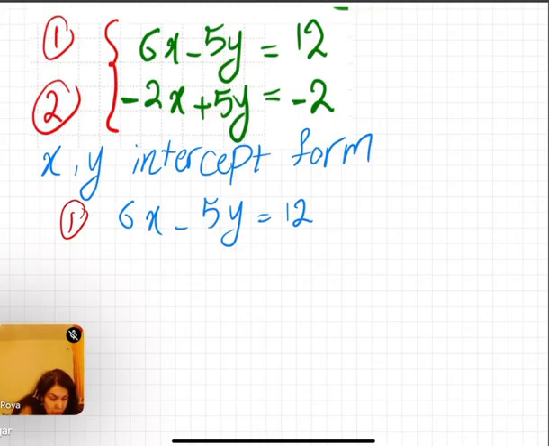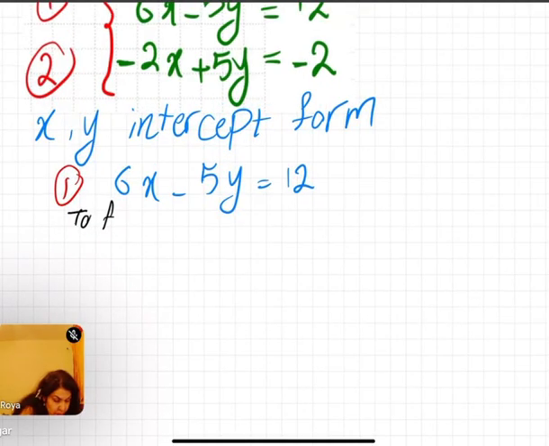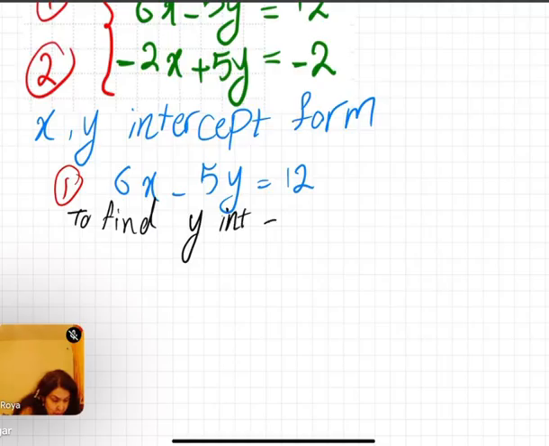In order to find the y-intercept, we need to put x equal to 0.